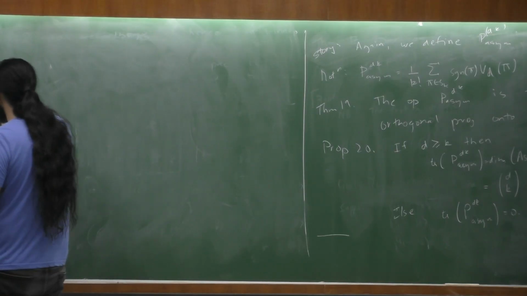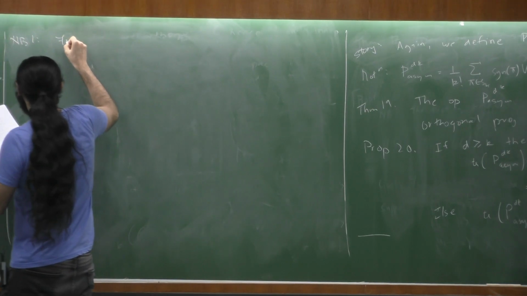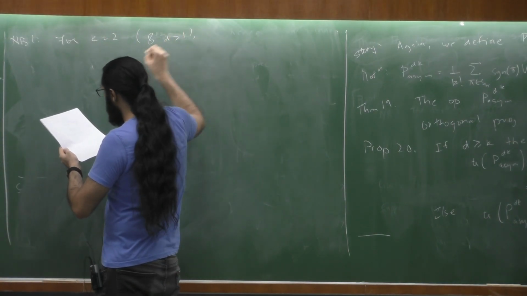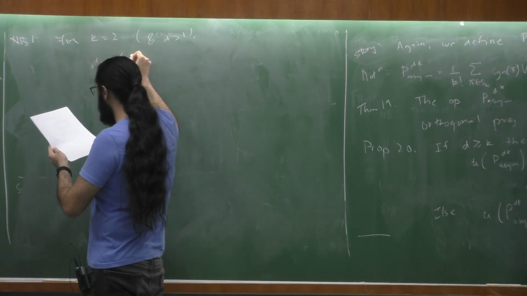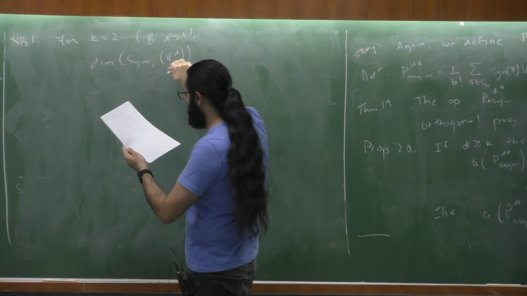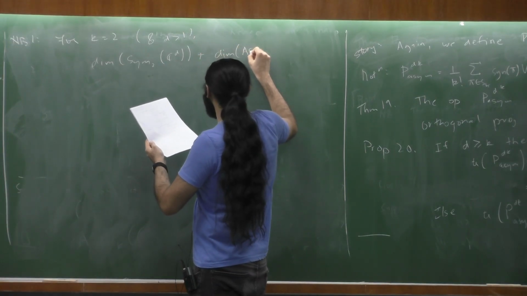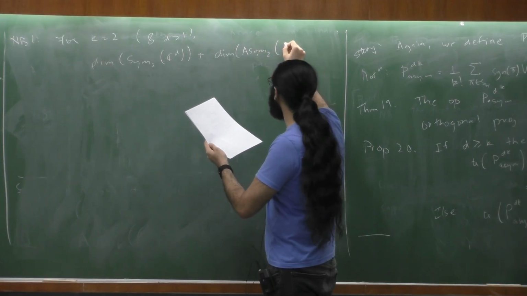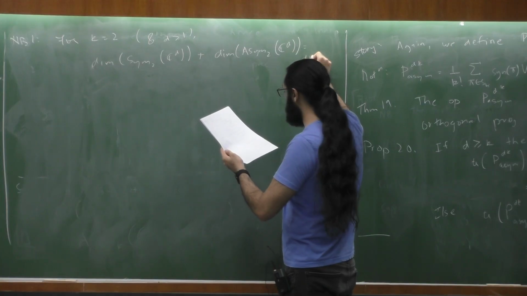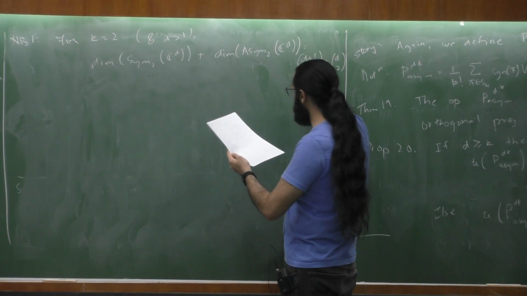Right, and now, for k equals 2 and d greater than 1, the dimension of the symmetric subspace for 2 systems, and the asymmetric subspace with 2 systems. Okay, this dimension is going to be what? d plus 1 choose 2, and this turns out to be d square.